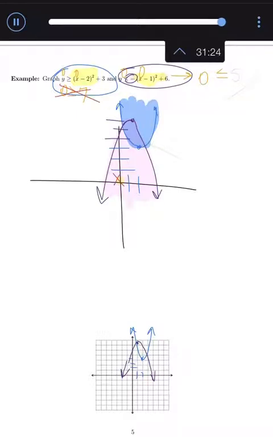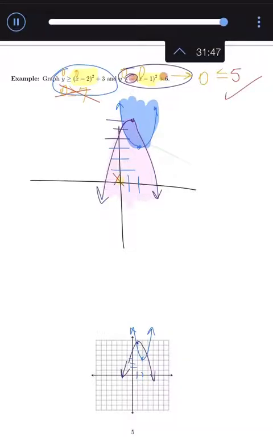Be careful, though. There is a negative out in front, which will make that 1 turn back into a negative. But then plus the 6 will turn you back into 5. So is 0 less than or equal to 5?